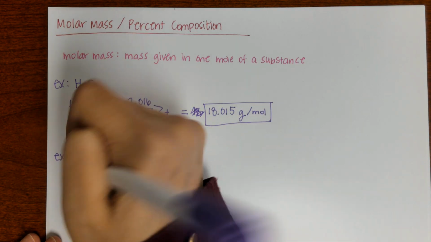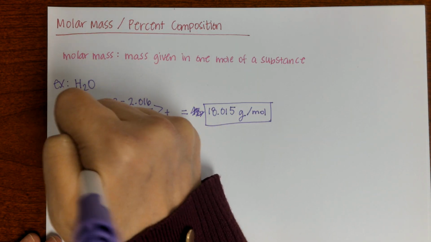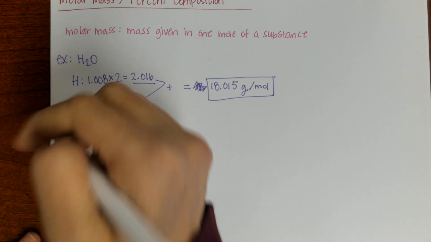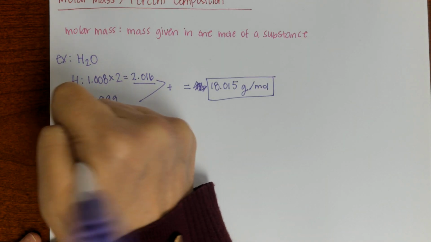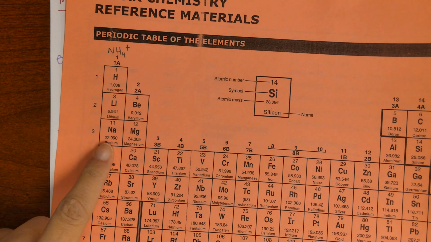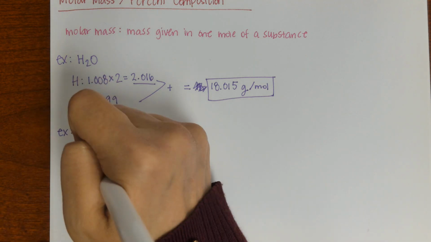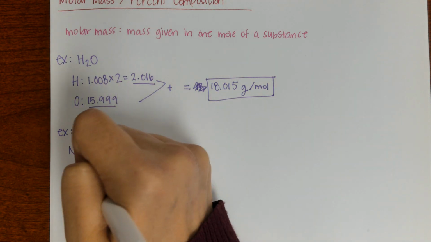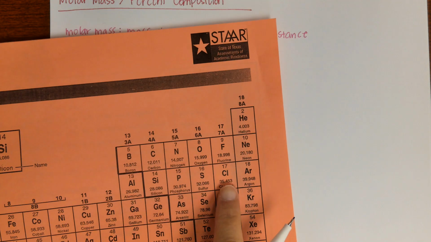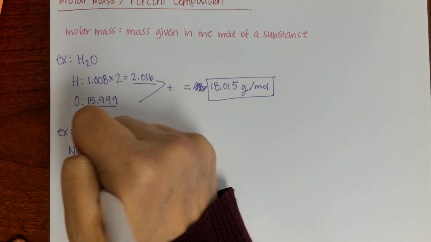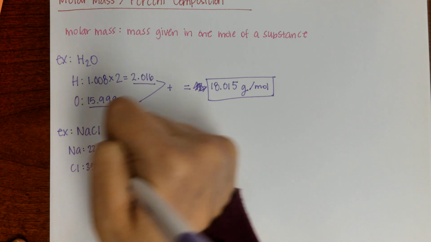I'll give you another example, which should be a lot easier: NaCl. You have sodium and you have Cl. Sodium has a mass of 22.990, and chlorine has a mass of 35.453.